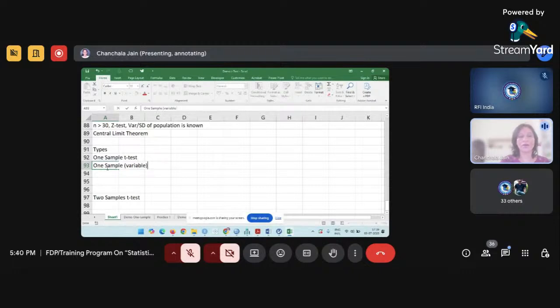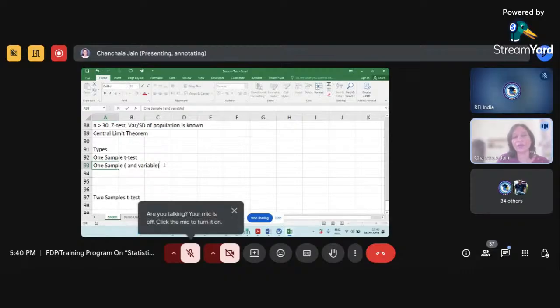One sample means, suppose I have the weight data of 15 people. So you can say I have only one sample of data available to me and one variable, that is the weight of the 15 people, right?